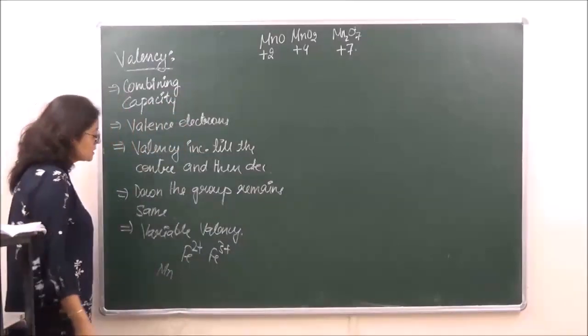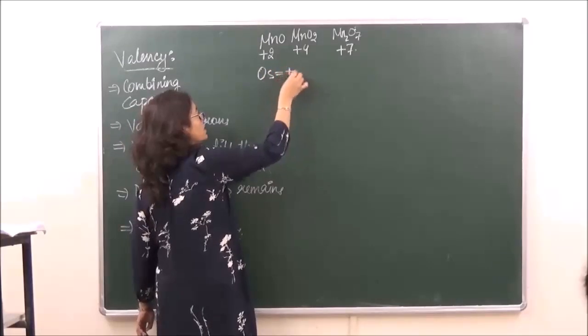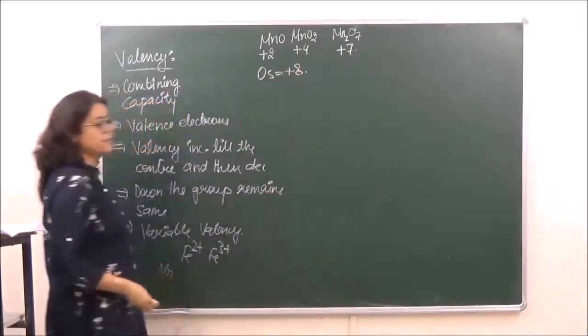Amongst the D block elements, osmium shows the maximum oxidation state of +8.